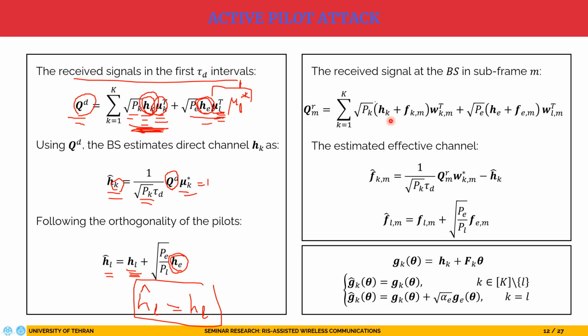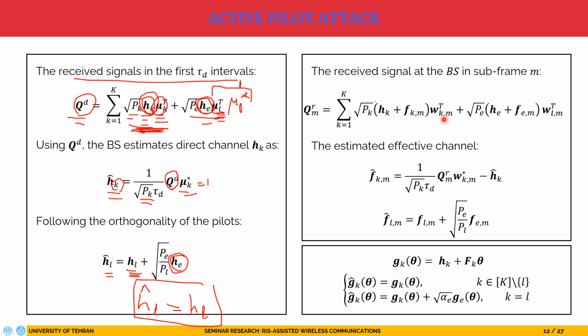The received signal, this is the user K signal, and this is the eavesdropper signal. Also, this W here are pilot signals for the effective channel. This is for user K, and as I said, the user L is the victim, and the active eavesdropper selects user L to attack. Okay.